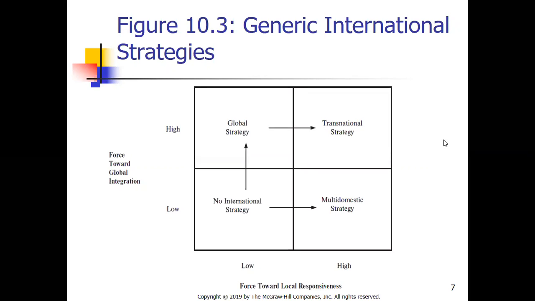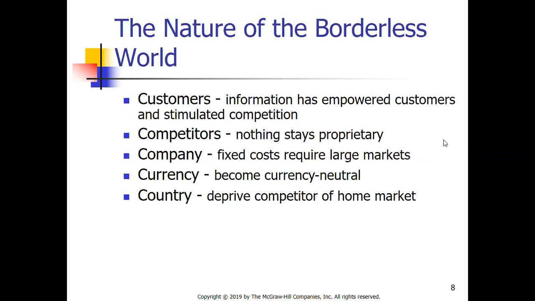So you can choose which one is suitable for your firm or your organization. And then the nature of the borderless world. We have the 5 C's: customers, competitors, company, currency, and country. In order for the servicing organization to be more competitive and interlinked with the world economy, you must balance these 5 C's.